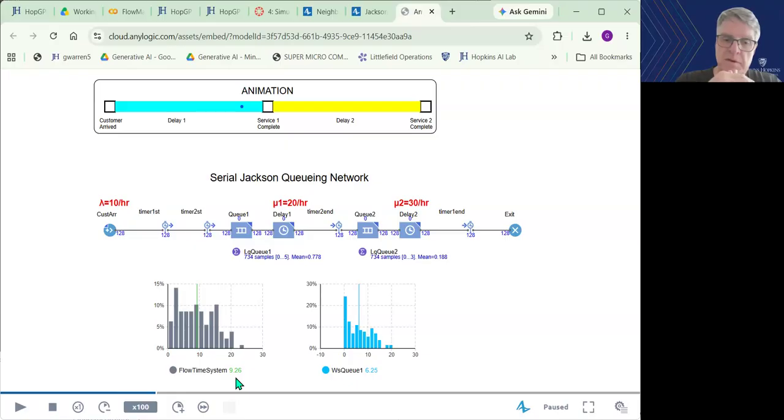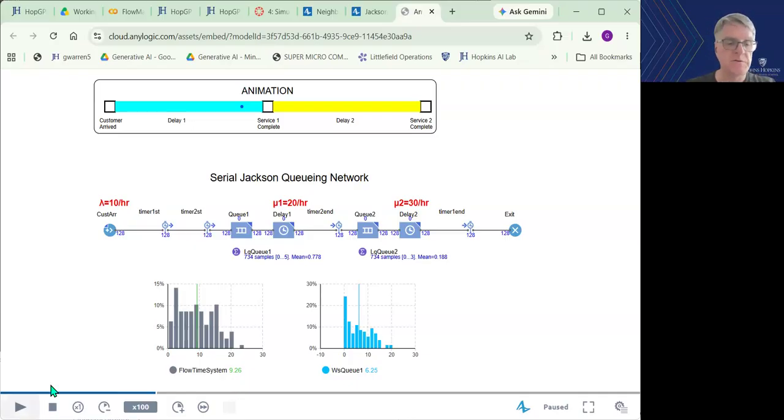And again, that difference is because of the 20 versus 30 per hour service rates. Okay, so we can confirm Little's law at each of the stations. We could also confirm Little's law holds across the whole network. And this is a very simple serial Jackson network simulation.